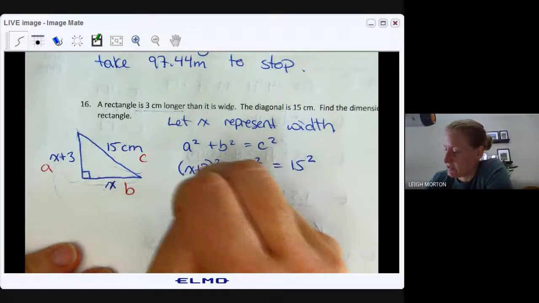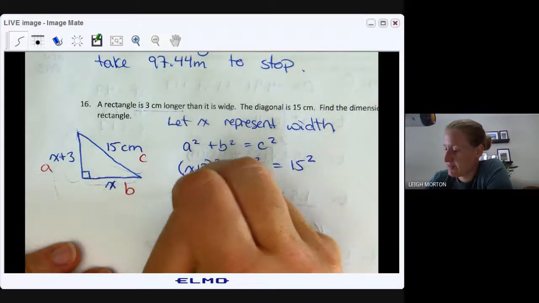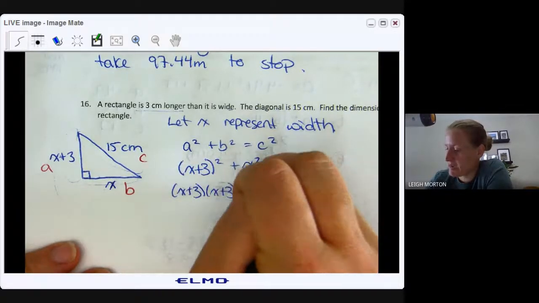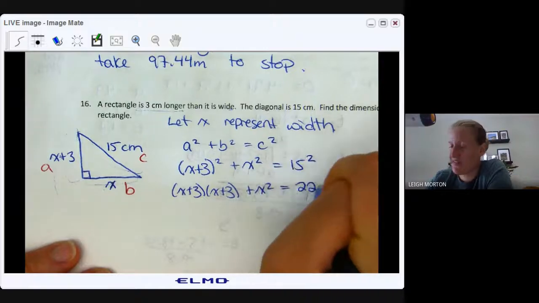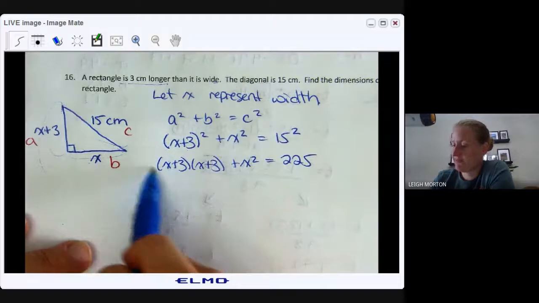That means that, let's FOIL. So that's x plus 3 times x plus 3 plus x squared equals 225. FOIL to get the full expression here.